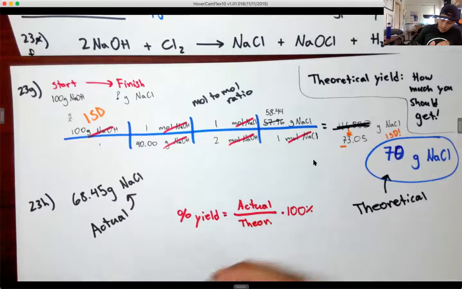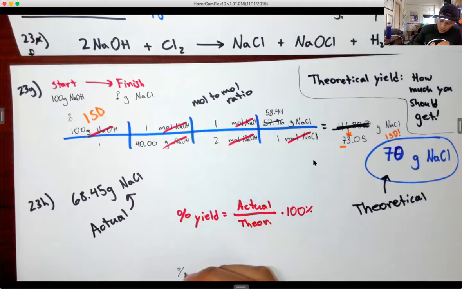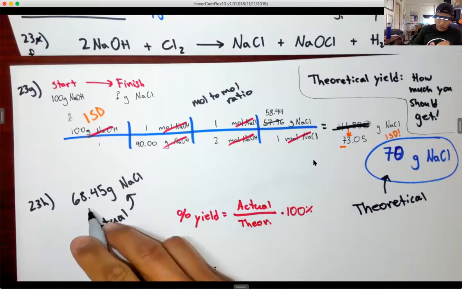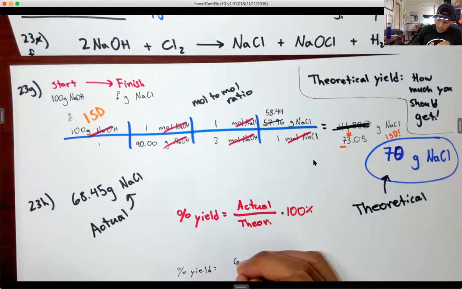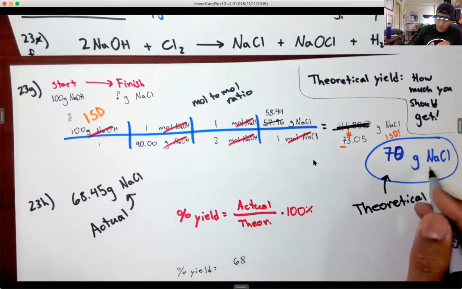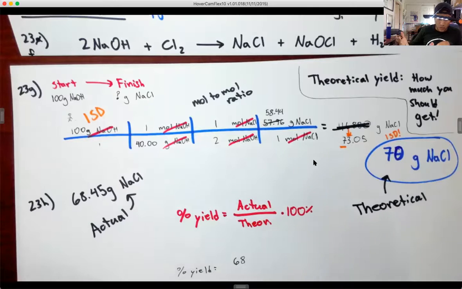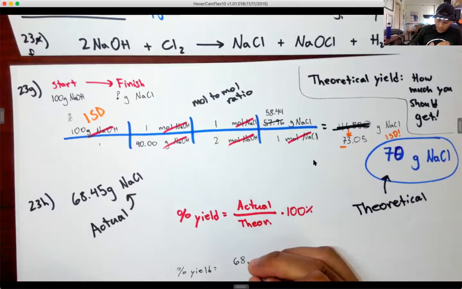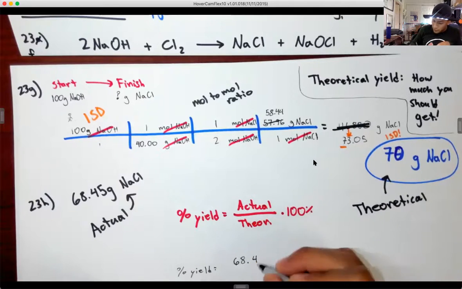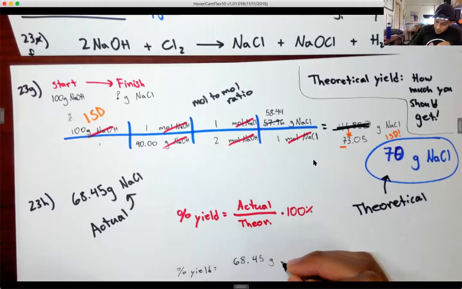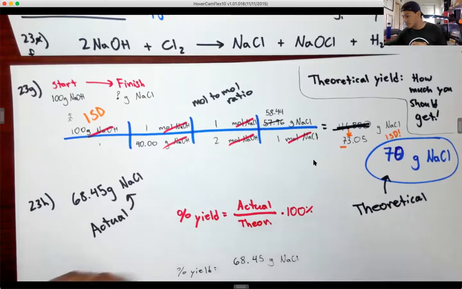I'm going to write it out. To find out the percent yield, we're going to get the actual that we got. Let's say that we did the experiment, and instead of getting 70 grams of NaCl, which is what we think we should get, we get 68.45 grams of NaCl.